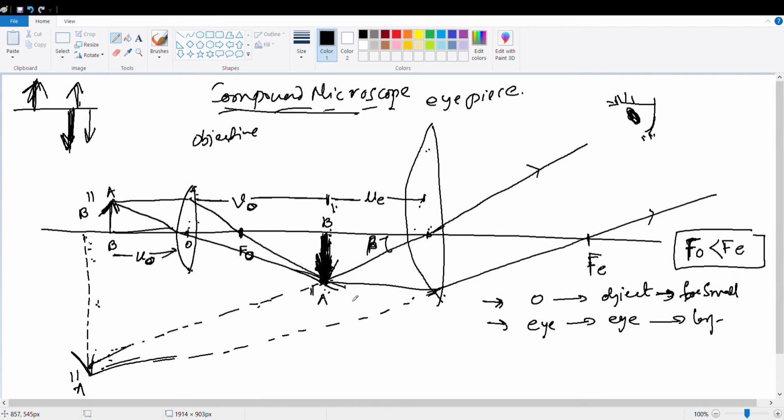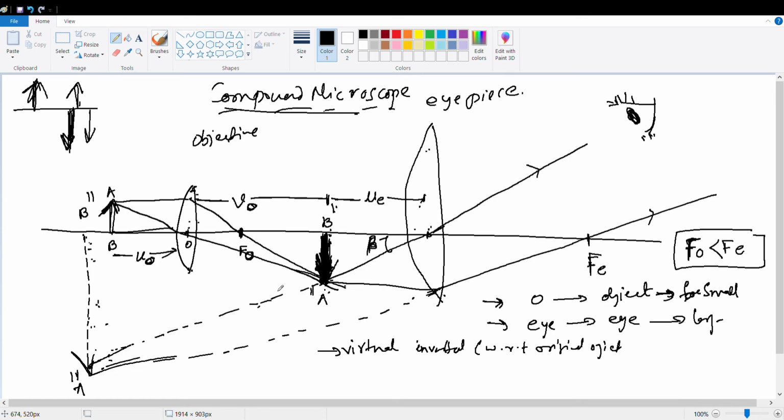And the final virtual image, that is A double dash B double dash, is a virtual, inverted image. With respect to what? With respect to the original object. You have to write down this. Considering this one, it is inverted.